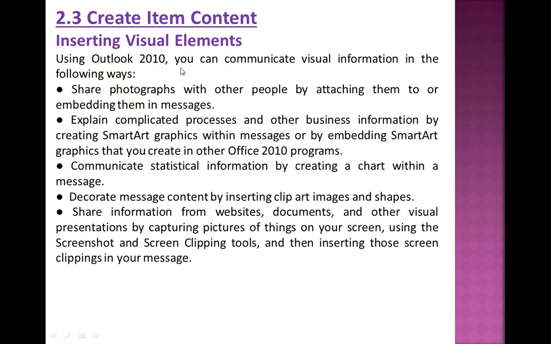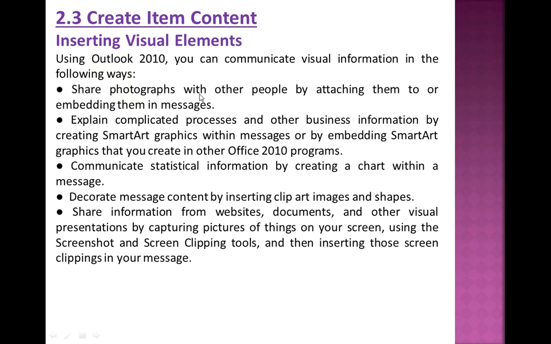Using Outlook 2010, you can communicate visual information in the following ways. You can share photographs with other people by attaching them to or embedding them in messages. You can explain complicated processes and other business information by creating SmartArt graphics within the message or by embedding SmartArt graphics that you create in other applications.